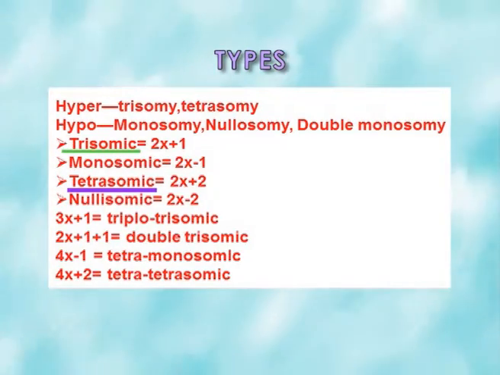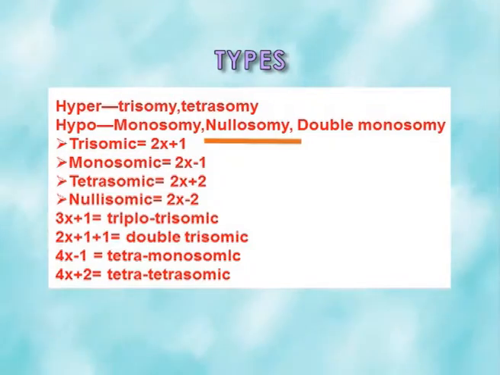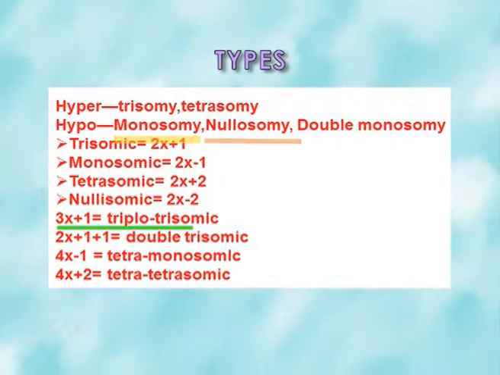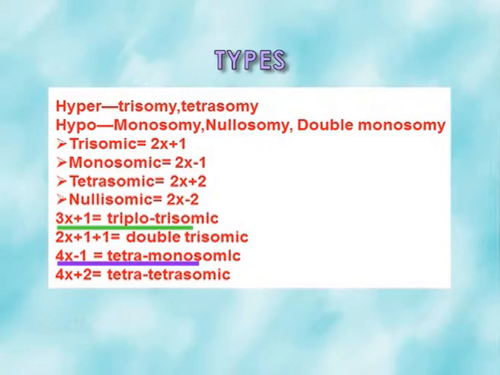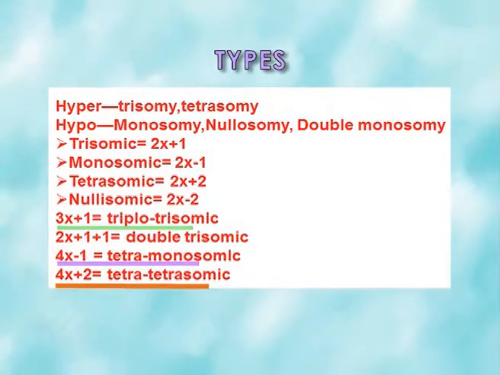But hypo means the reduction of 1 or 2 chromosomes from the 2n chromosome. That may be nullisomic or monosomic. Now we can find the triplo-trisomic as well, 3x plus 1, tetra-monosomic 4x minus 2, tetrasomic 4x plus 2, etc. All these combinations are found.